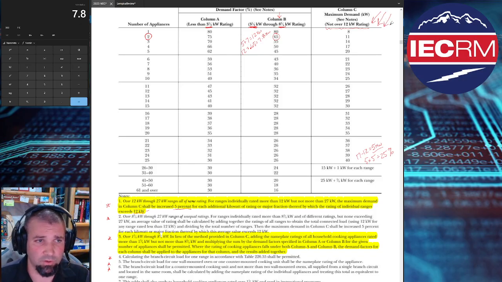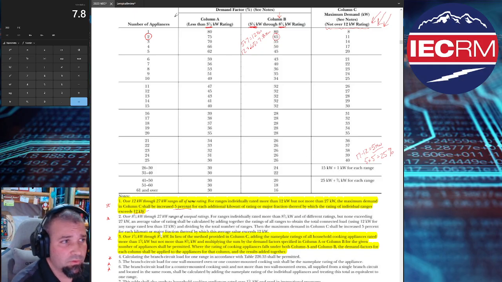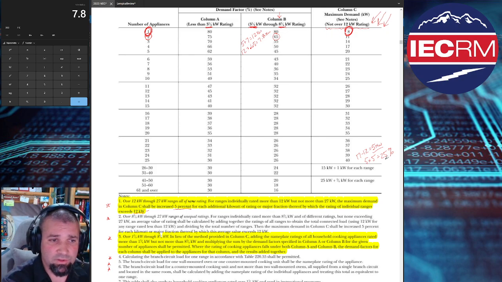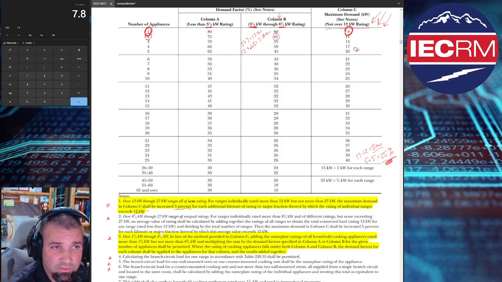Okay, making sense so far? So since we have one appliance here, my demand factor would normally be 8 kilowatts, but I must increase that by 25%. So the calculation looks like this: 8 times 1.25.